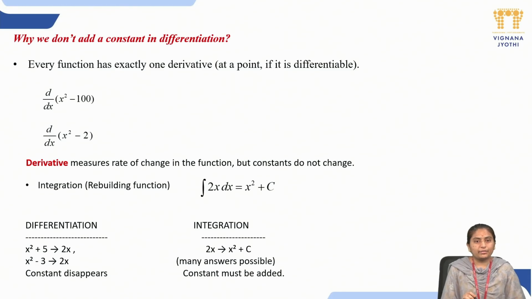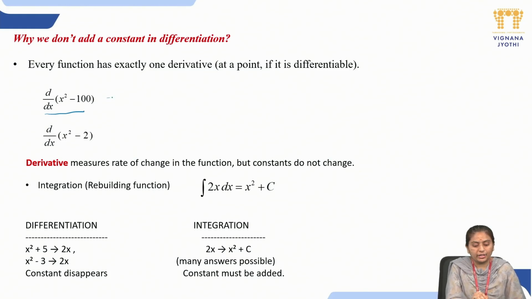And then we have a question: why don't we add a constant in differentiation? Every function has exactly one derivative, if that function is differentiable at a particular point. Here you can see an example, d by dx of x square minus 100.